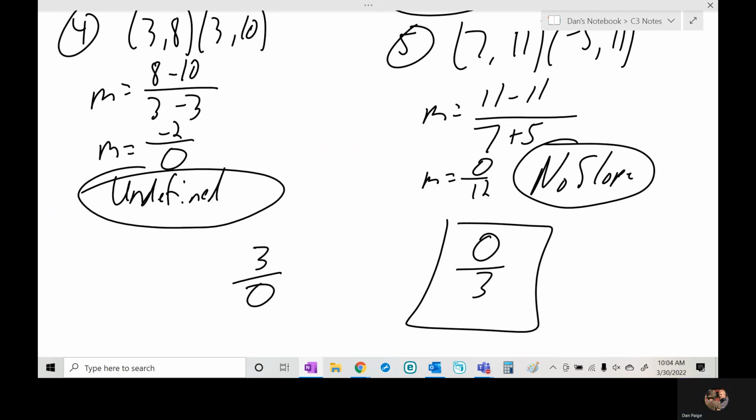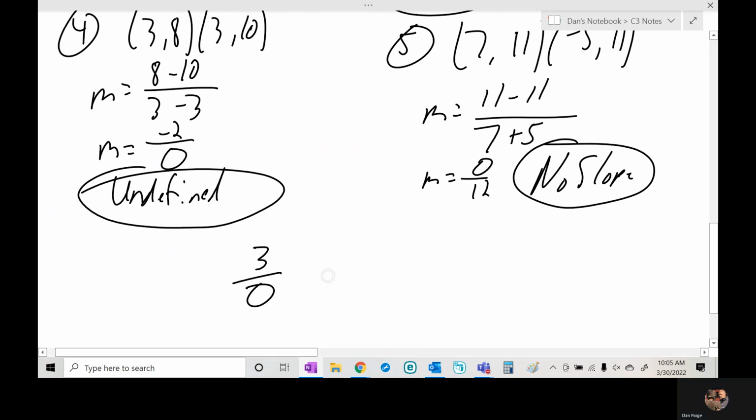There's 0 pieces of 3. Can you have 3 pieces of 0? That doesn't make any sense. That whole saying is ridiculous, nonsensical. You can't have 1 piece of nothing, much less 3 pieces of nothing. That's why this one is the one with the weird answer, undefined.